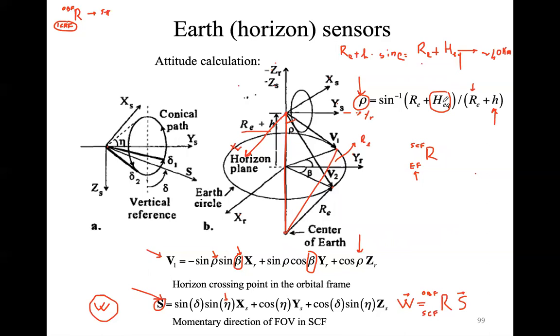But in the final accuracy that I said, so these 0.02 and 0.5 degrees in the attitude determination of the spacecraft, all those error sources are accounted for.